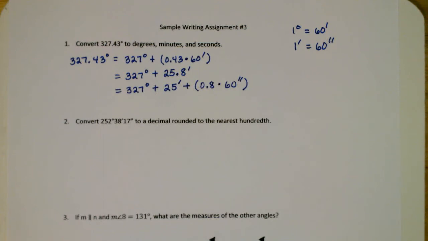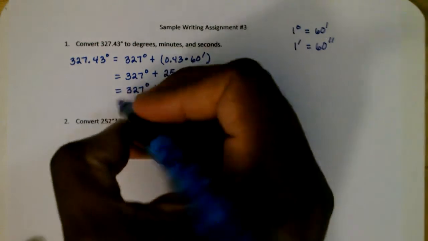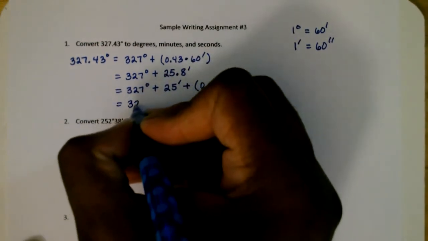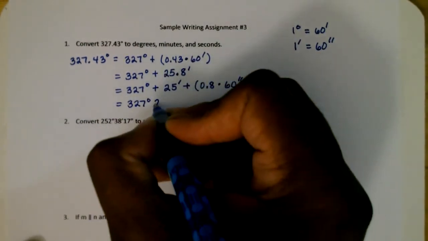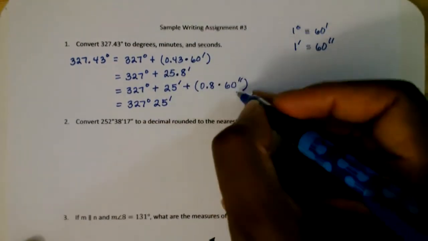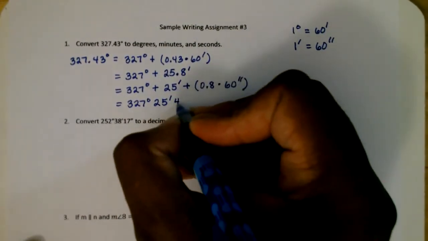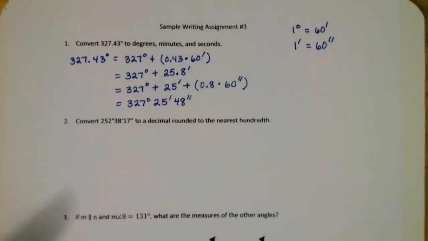So let's take 0.8 and multiply that by 60 seconds. I'll write this as 327 degrees and then 25 minutes. 0.8 times 60 will end up being 48. So in degrees, minutes, and seconds, 327.43 degrees will be 327 degrees, 25 minutes, 48 seconds.